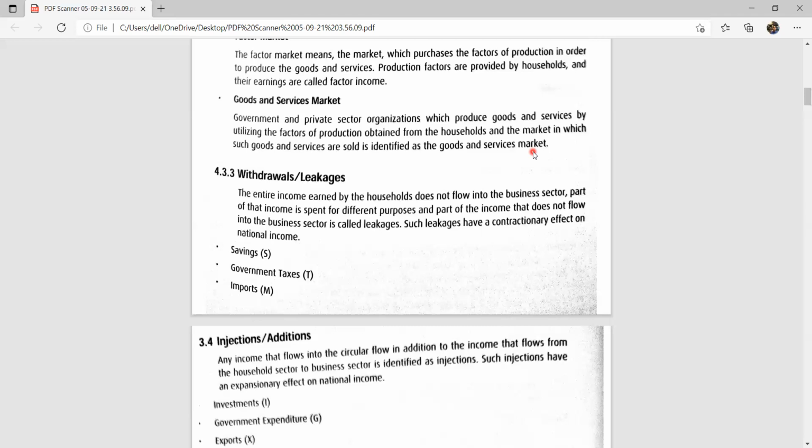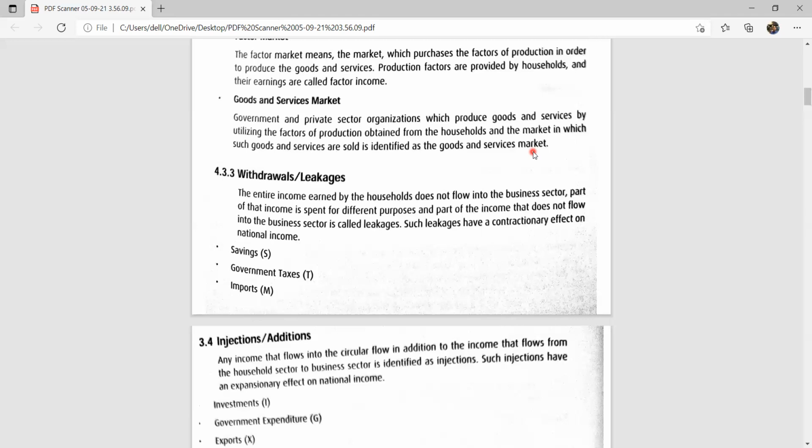Circular flow of income represents a model for the entire economy where business and household sectors exist in order to exchange money flows and real flows. So the entire income earned by households does not flow into the business sector.